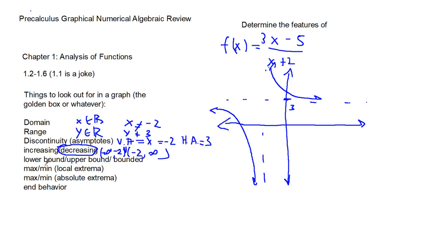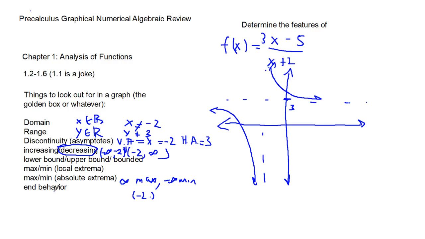So lower bound, upper bound, and boundedness. Well, this isn't bounded. You could tell. Maximum or minimum, local extrema: there are no local extrema. Absolute extrema: well, absolute max is infinity, and negative infinity is the minimum, and it occurs at minus 2, right? We could write this in limit notation, which I will write later, not now.